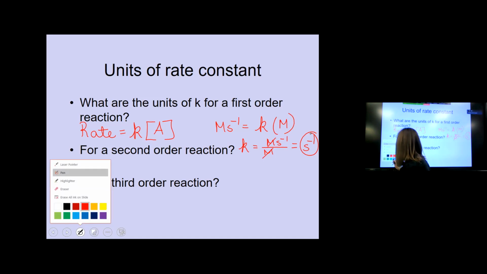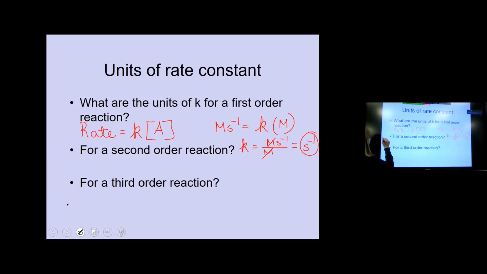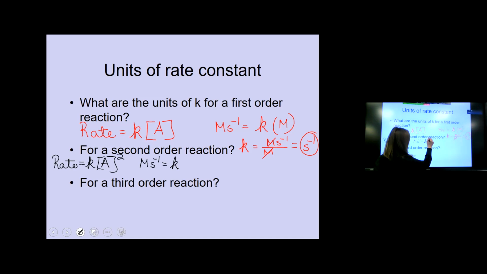All right, if we have a second order reaction, then my rate law would be K times either A squared or A times B would also work. So again, if I'm working with my most common units for rate, molarity per second, K times molarity squared, because concentration of A would give me molarity squared.